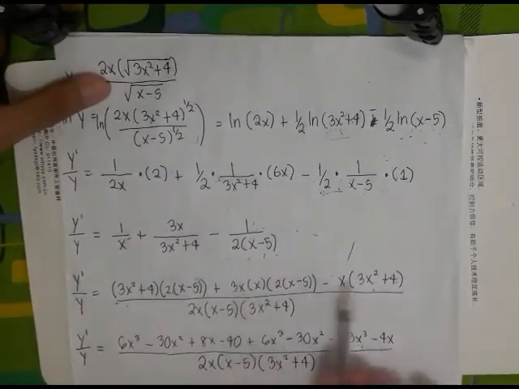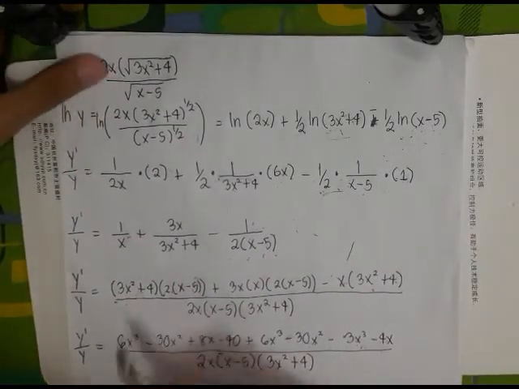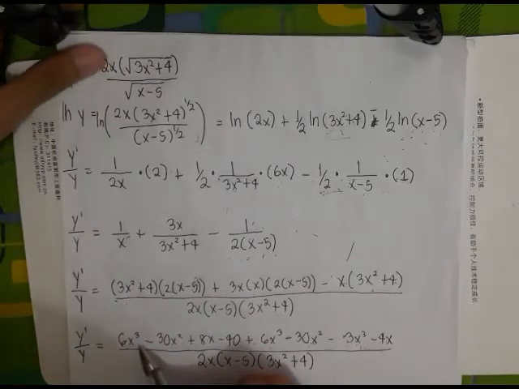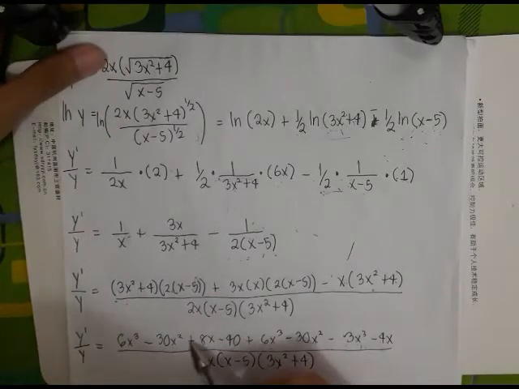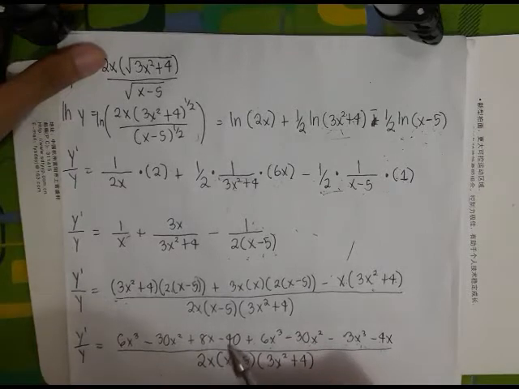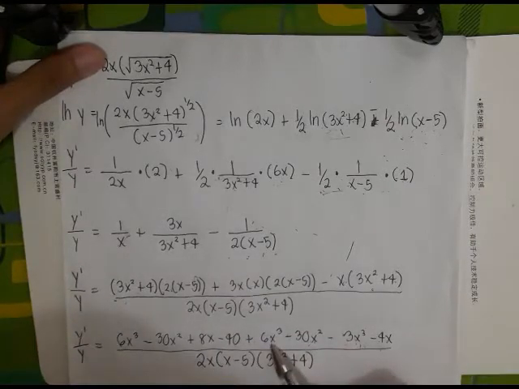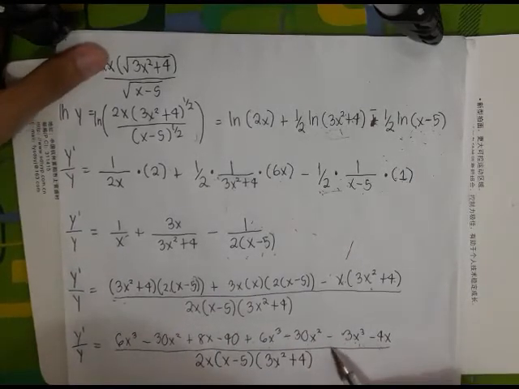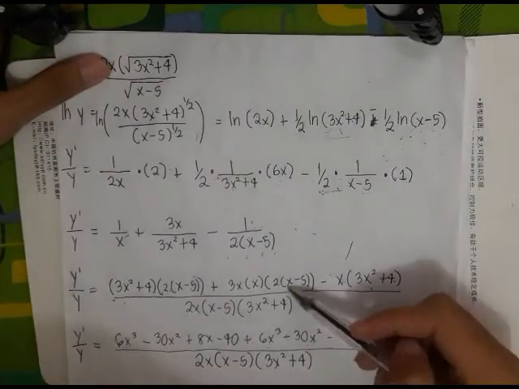Now multiplying each term, we get 6x cubed minus 30x squared plus 8x minus 40, then 6x cubed minus 3x squared, minus 3x squared.